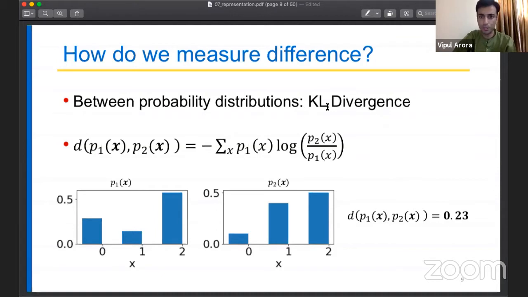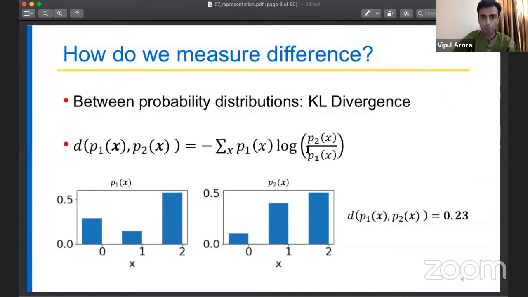I'm sure you all know what KL divergence is. Basically, it is the sum of P1 log of P2 upon P1 over the whole sample space, with a negative sign. What happens when P1 approaches 0? Then this P1 is also 0. So although the log of something very large will become very large, this factor is also 0, so that does not count.